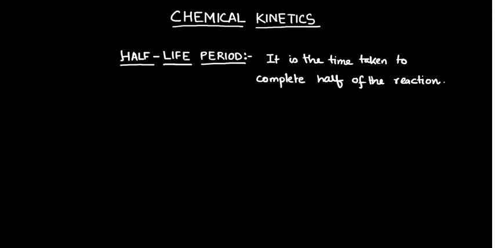Or we can say that it is the time period in which the original concentration of the reactant is reduced to 1/2. Okay, and it is denoted by T half, like this.